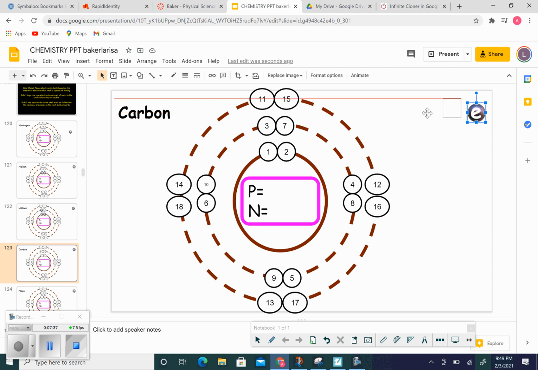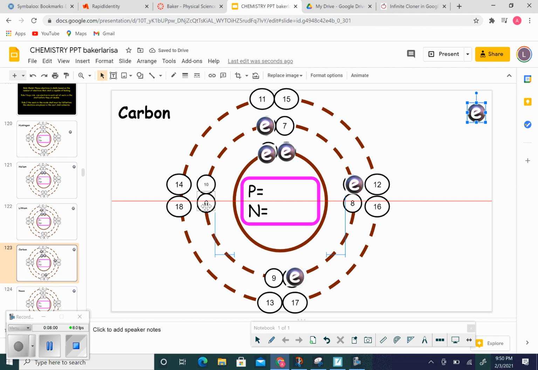So we're going to go 1, 2, 3, 4, 5, 6. Okay? So it has 6 electrons. So you're just going to plug those electrons in on their seats.